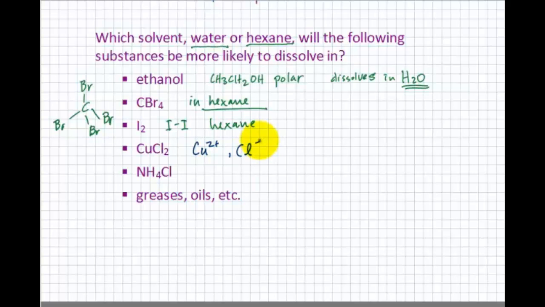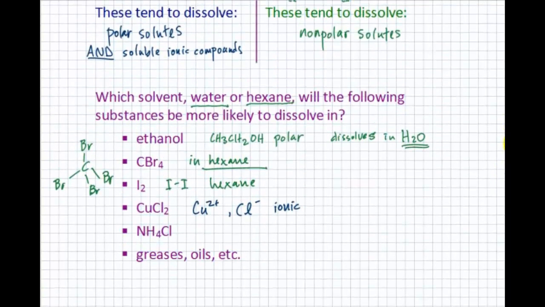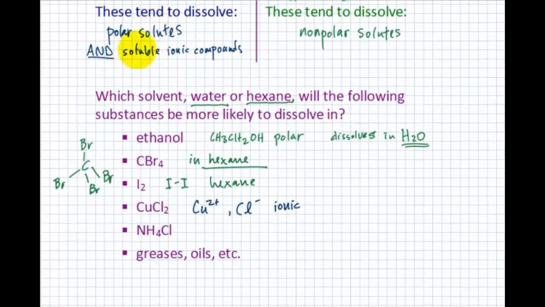It is an ionic compound. And I told you up here that polar solvents can dissolve soluble ionic compounds. So it has to be soluble, but we would definitely have a better chance in water. There's no chance that an ionic compound can dissolve in a nonpolar solvent like hexane. Okay, so H2O would dissolve it if anything would.